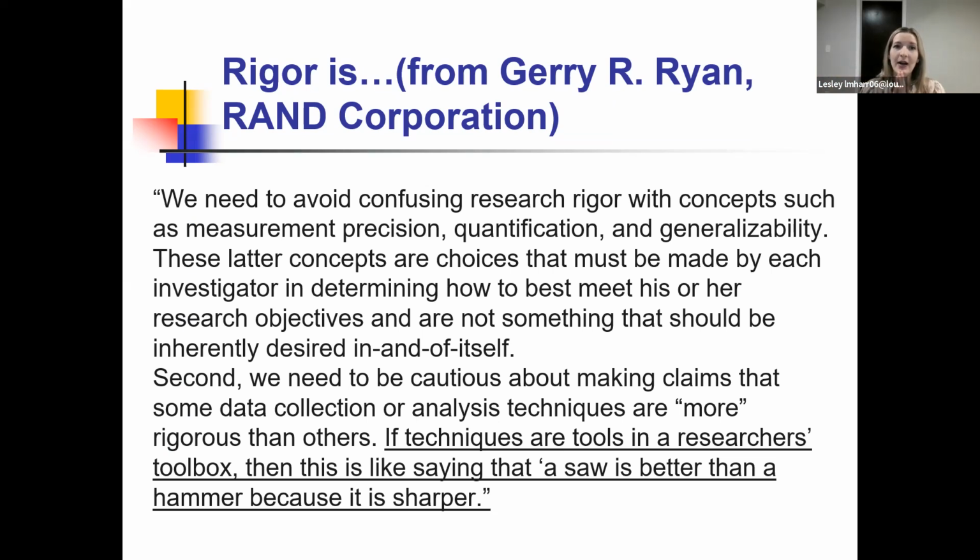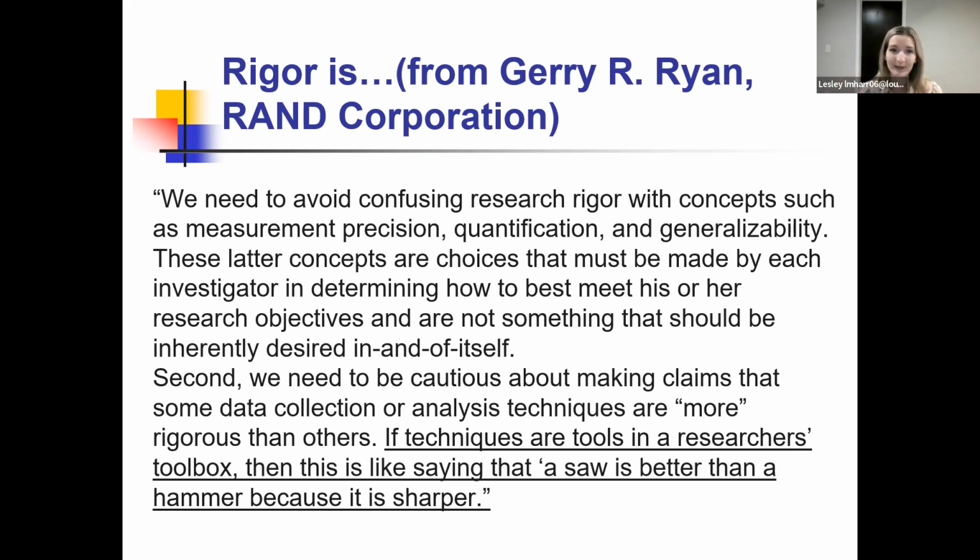The RAND Corporation is a national and global research firm, think tank that works across all different sectors, academia, government, contracts, etc. And I really like this quote from Jerry R. Ryan from the RAND Corporation, who says, "We need to avoid confusing research rigor with concepts such as measurement precision, quantification, and generalizability." Those are typically linked to quantitative rigor.